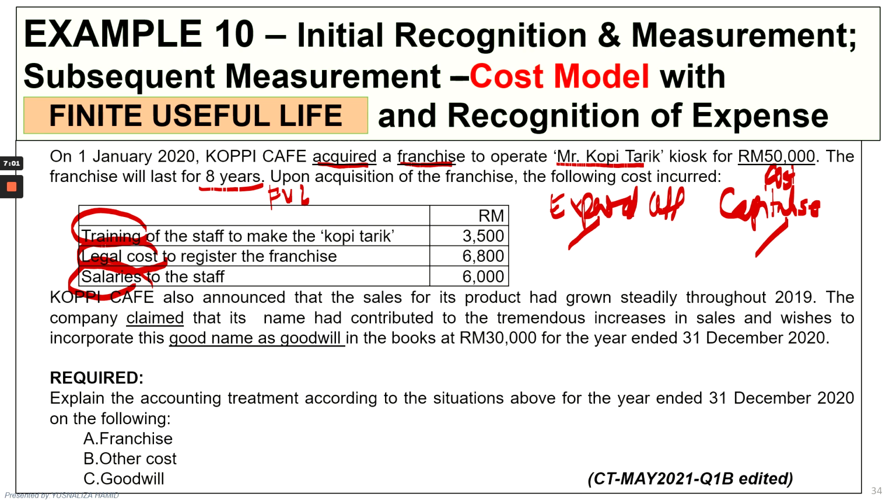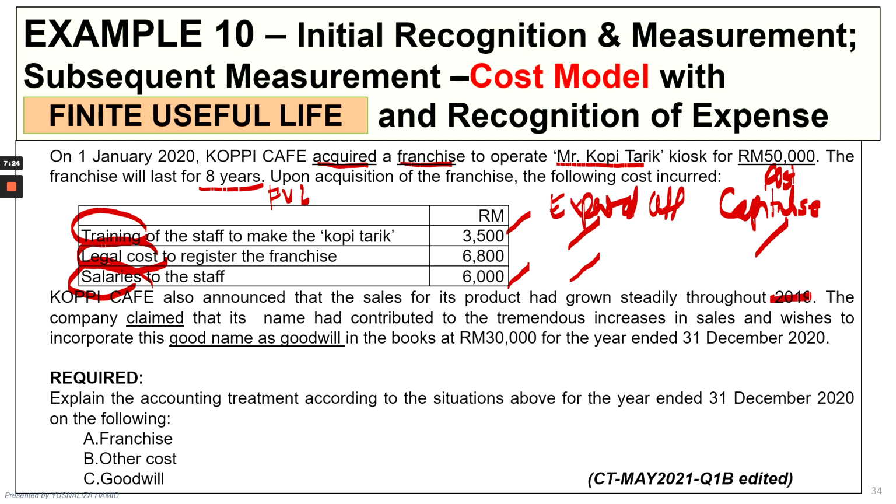Salaries that you paid to the staff should be expensed off. So these two will be expensed off. So you cannot capitalize them as an intangible asset. Then you have further information here that the product has grown steadily throughout 2020.